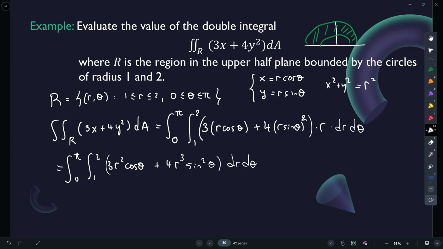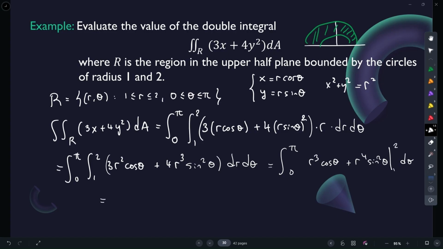And with respect to r, this is not too bad, because this will be the integral from 0 to pi of r cubed cosine theta plus r to the 4 sine squared theta d theta, but now I have to evaluate r between 1 and 2.